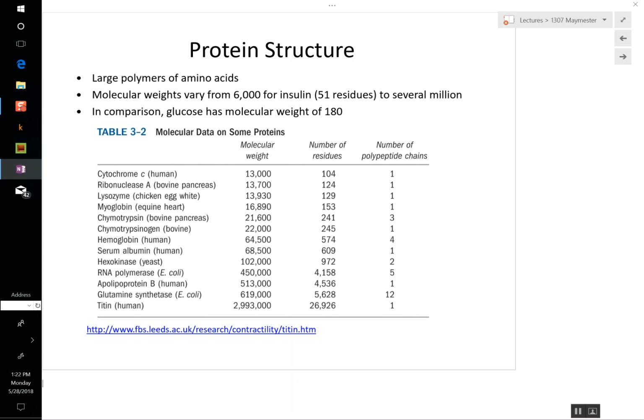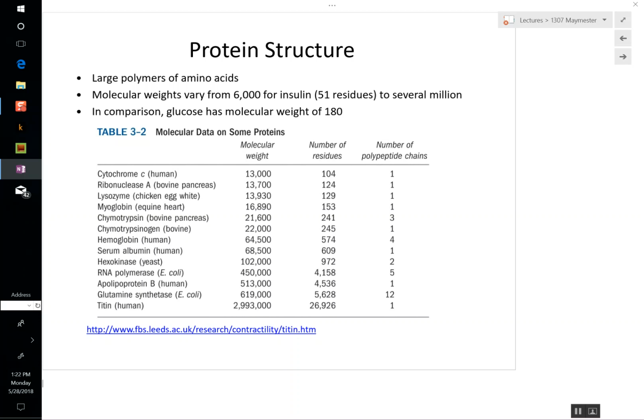Myoglobin is in your muscle cells, and it stores oxygen. It's kind of an emergency supply of oxygen. Where? Right in the muscle. In case you have an emergency, you've got oxygen right there. Myoglobin.